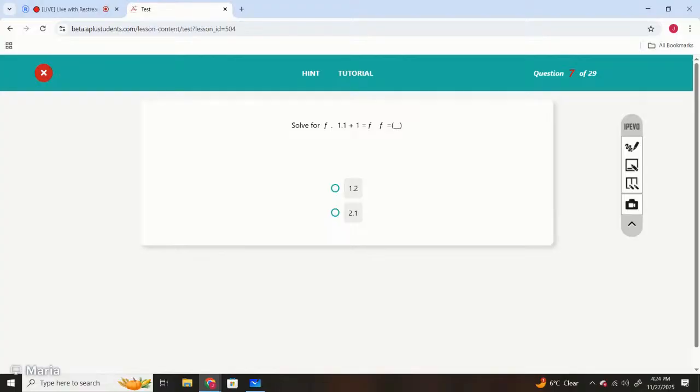F equals 1.1 plus 1. So F is equal to 2.1.